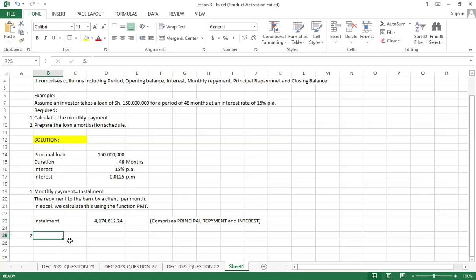Number 2 now wants that we prepare the loan amortization schedule. This is the table that shows the loan repayment. That table showing the loan repayment is what we are calling the loan amortization schedule.